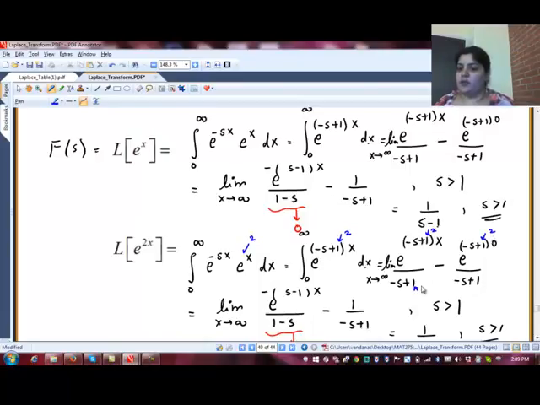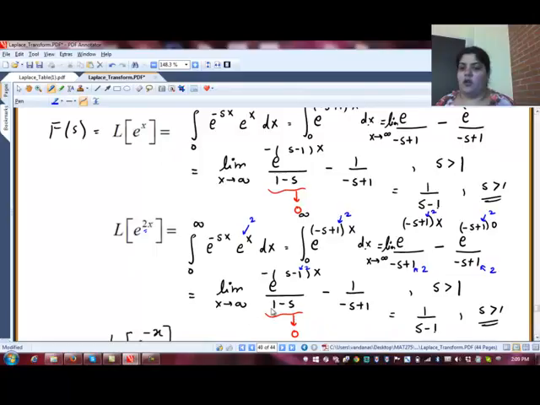Denominators will become 2, because of this 2 here. And then you have 2 here. All of these except this one change to 2, because with 2x it will become minus s plus 2.